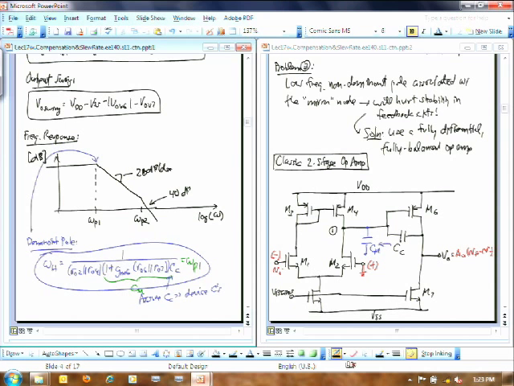So that distance decides whether or not a feedback circuit using this op-amp is stable or not.